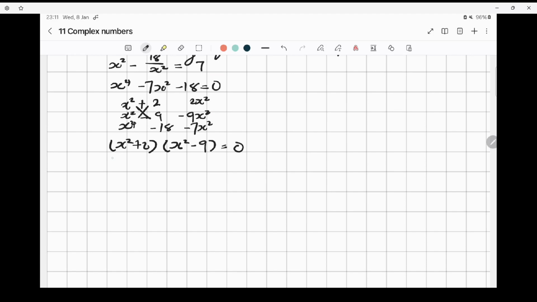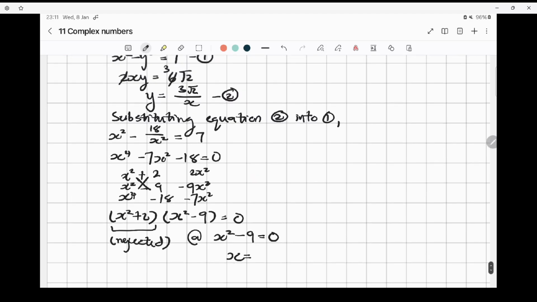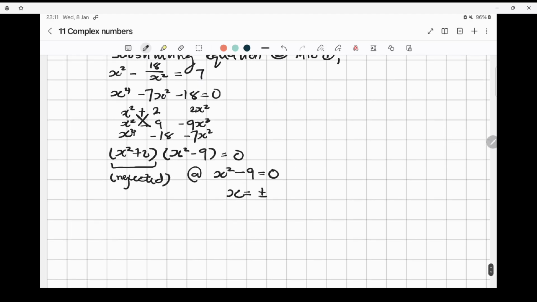So as usual, this part will be rejected because x cannot be complex. So you have x squared minus 9 equals 0, or x equals plus or minus 3.